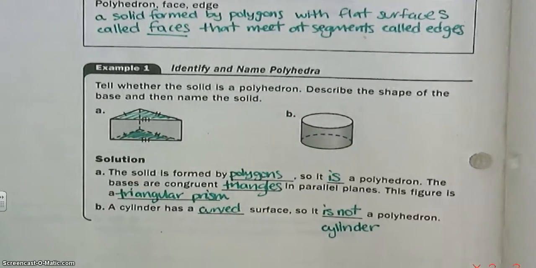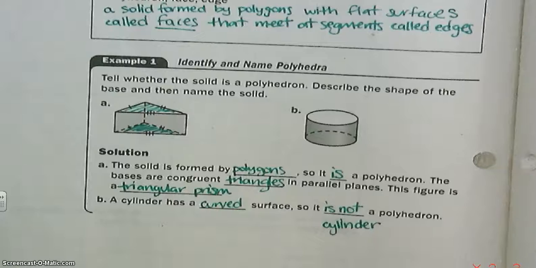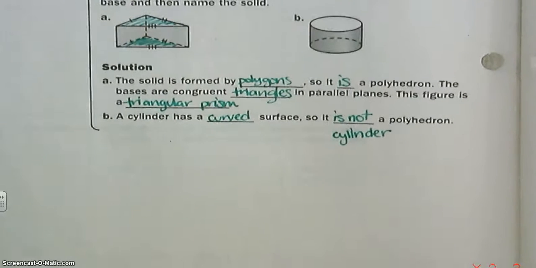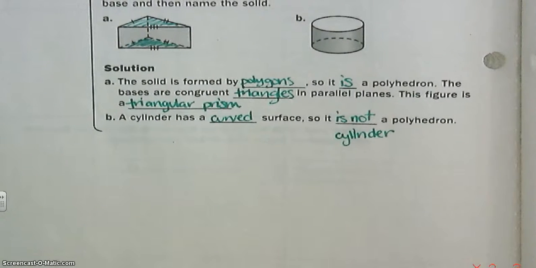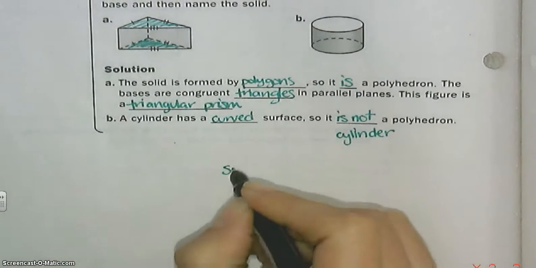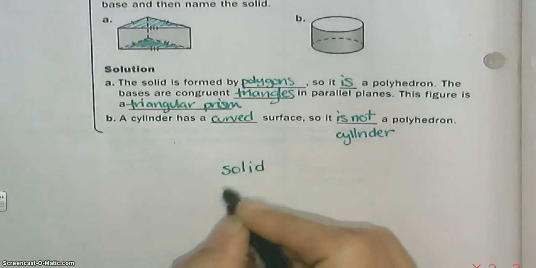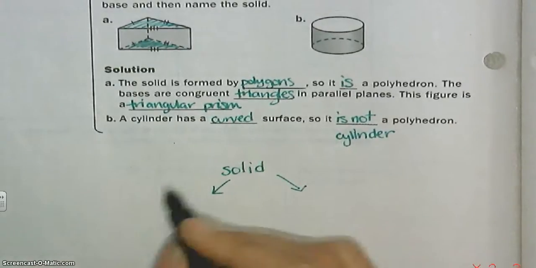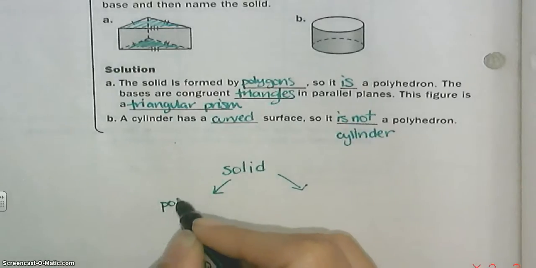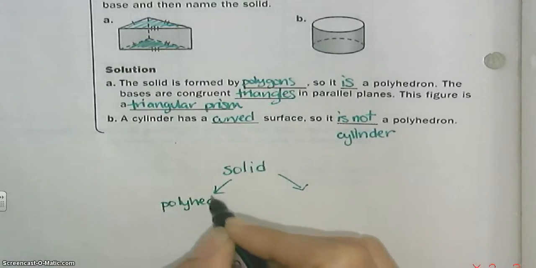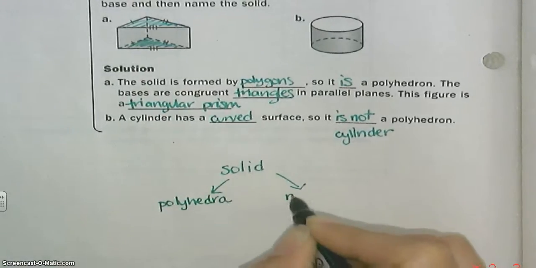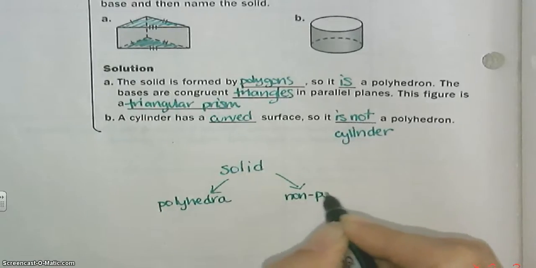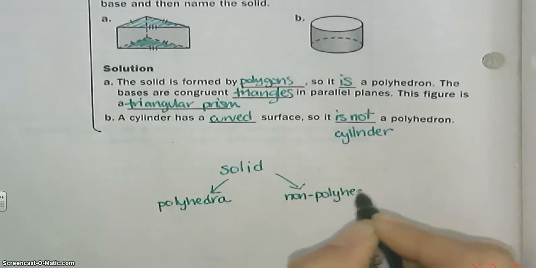So underneath, we're going to make a little chart here on how you name these. All right, so we have solids. And solids are either polyhedra or not polyhedra. Polyhedra is the plural of polyhedron, or non-polyhedra.